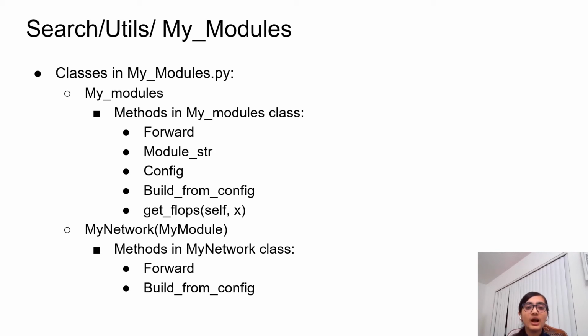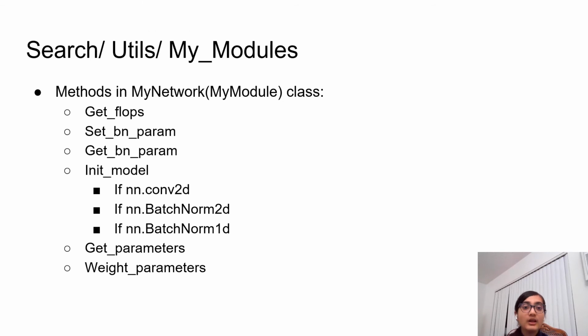These flops are, if it is based on the concept of pruning and keeping when finding the binarized gate function, either within the module or within a particular path of your structure. And in my network, you have different methods: forward, build from config, get flops, set bn parameters, get bn parameters, init module, get parameters, and weight parameters.